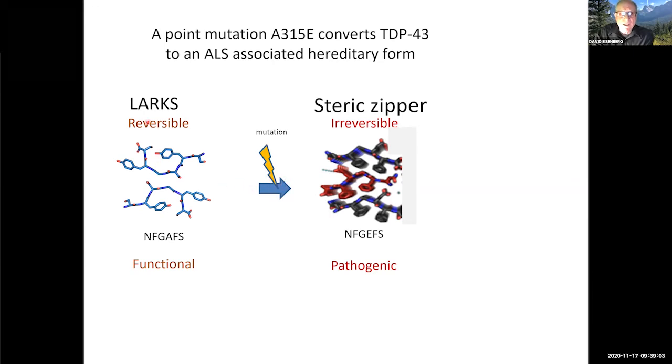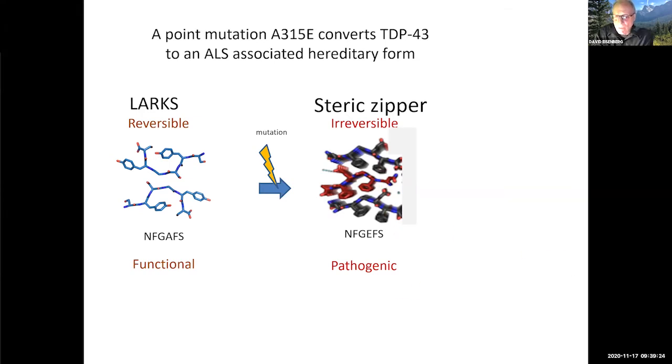And when we take that segment and we determine the structure, we see a LARC in the wild type sequence, but in the pathogenic sequence, that disease-associated sequence, now when we form that structure, it's a steric zipper.